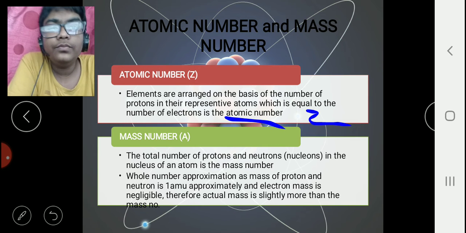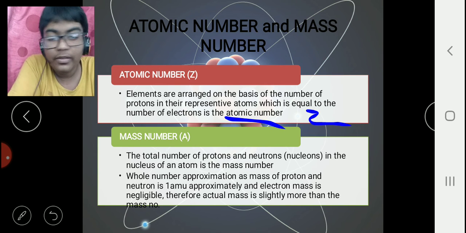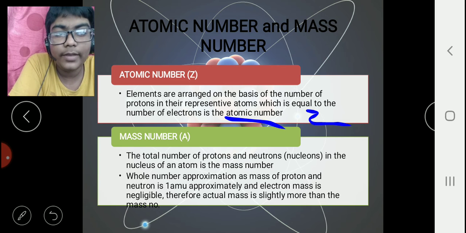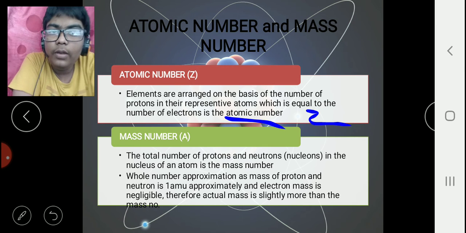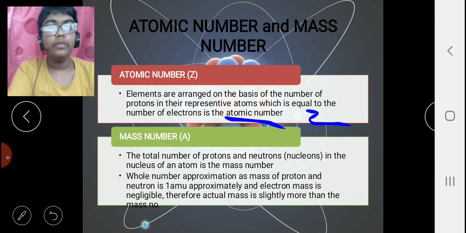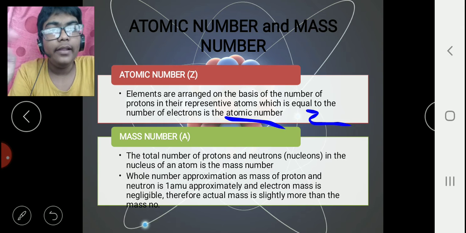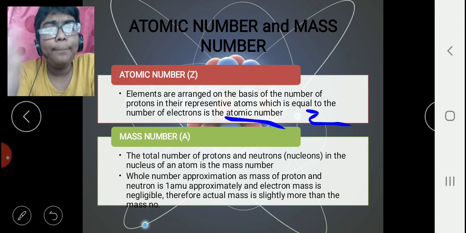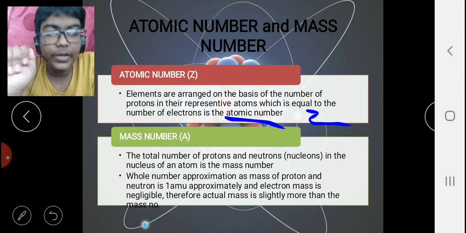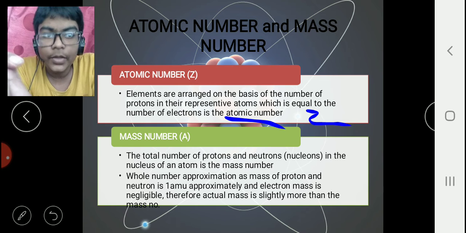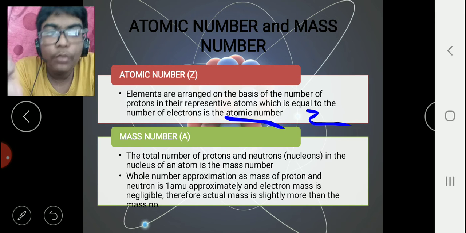Okay, so the mass number is a whole number approximation. Why is it a whole number approximation? Because the mass of the proton and the neutron is approximately 1 AMU. It is not completely 1 AMU. It can be slightly more than that.